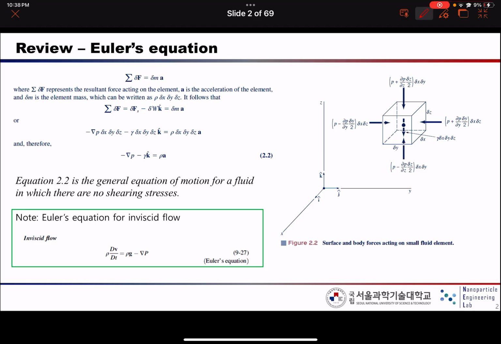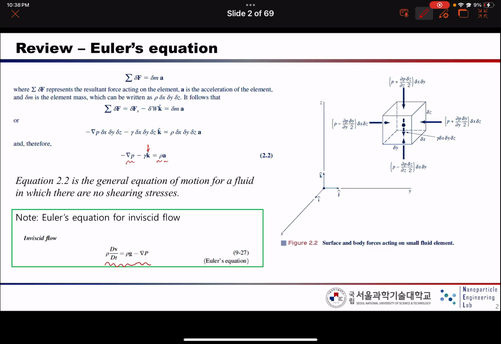In chapter 2 we talked about Euler's equation. Basically, the Euler's equation for inviscid flow is the gradient of p minus gamma in the z direction equals rho times the acceleration part.